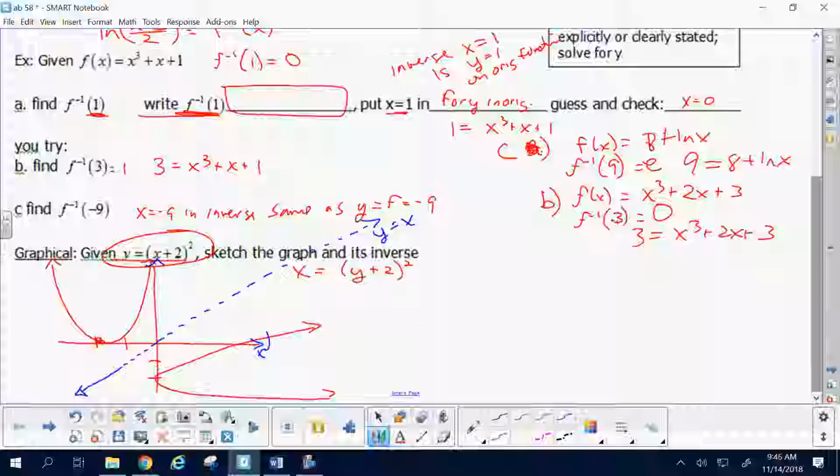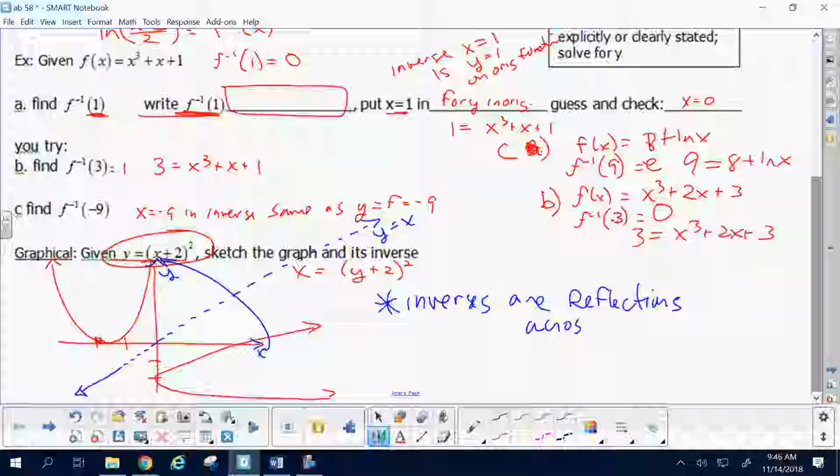We switch x and y. Well, if we switch x and y, it's a perfect reflection across that mirror. So inverses are reflections across y equals x. Cool?